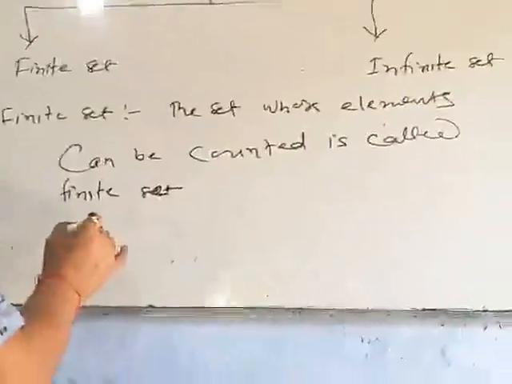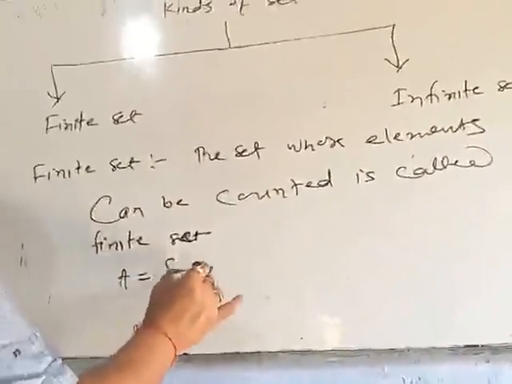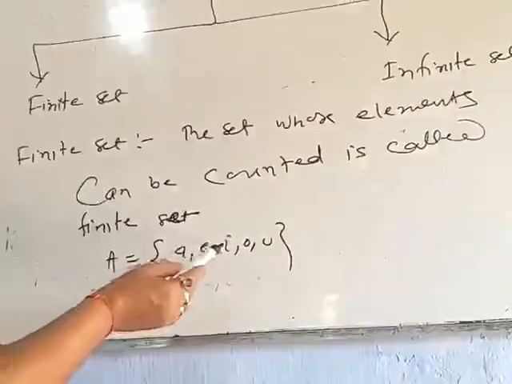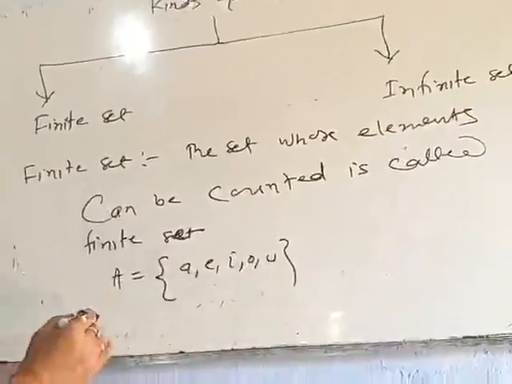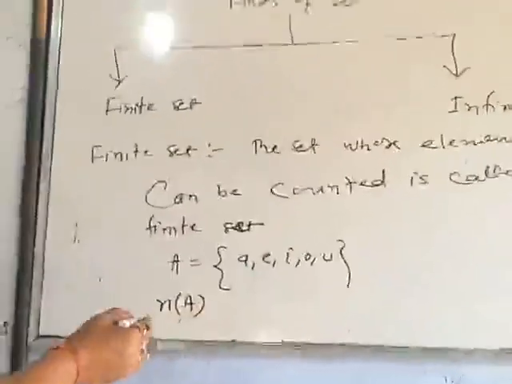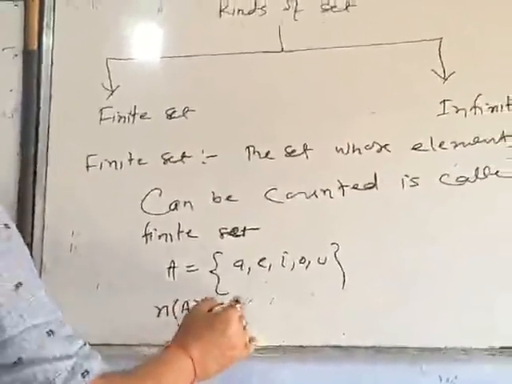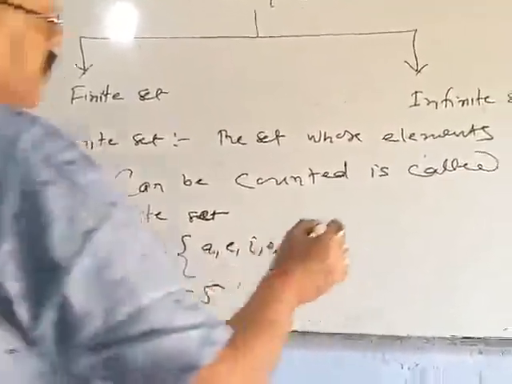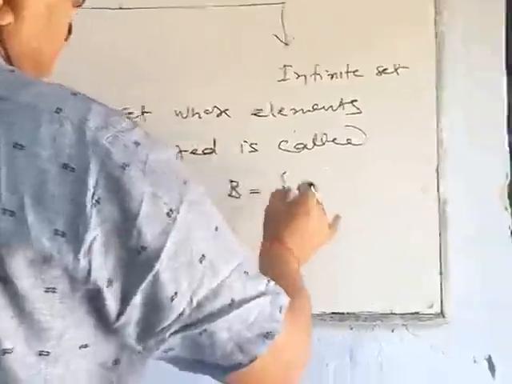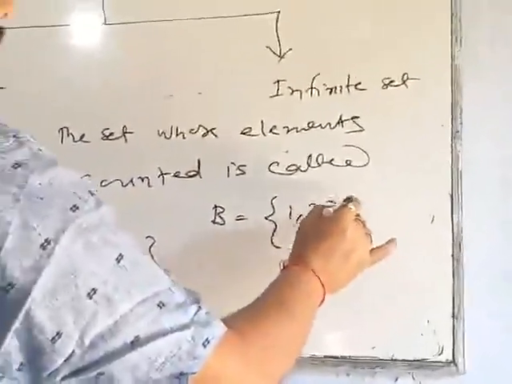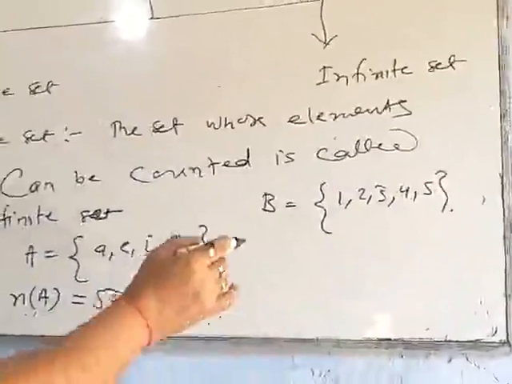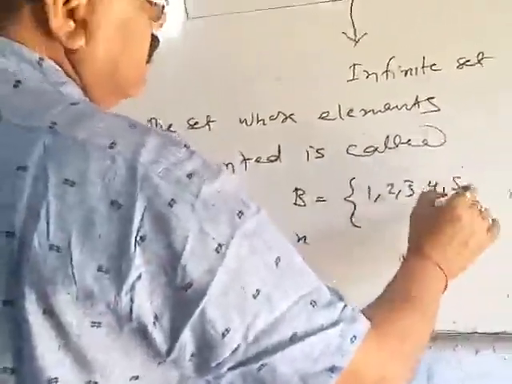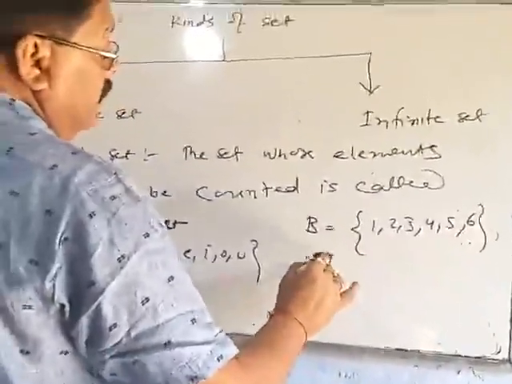As for example, A, E, I, O, U. Here we can count 1, 2, 3, 4, 5. So the number of elements of A, n(A), is 5. So it is counted, so it is a finite set. Also B, 1, 2, 3, 4, 5, 6. These elements are counted, so n(B) is 6.